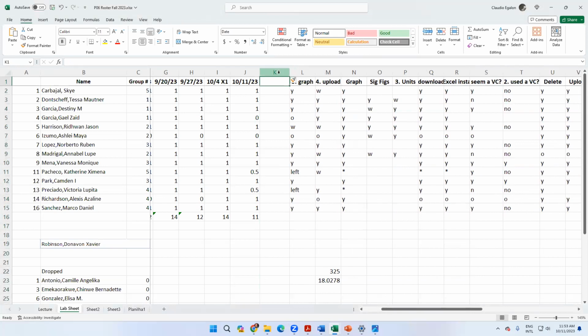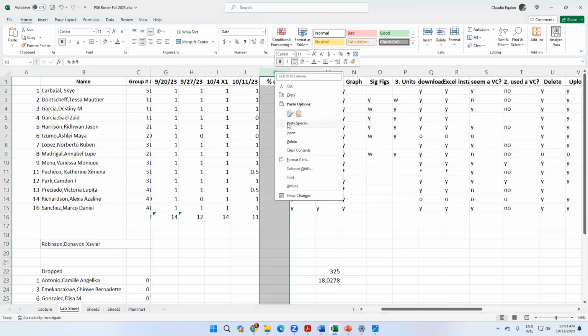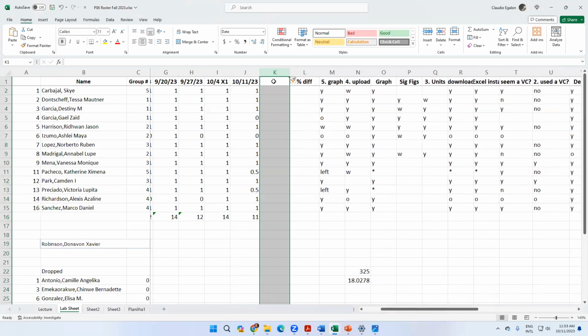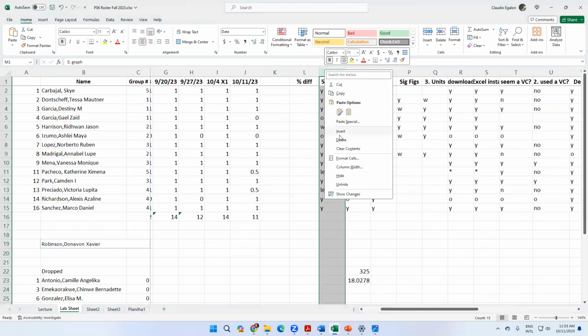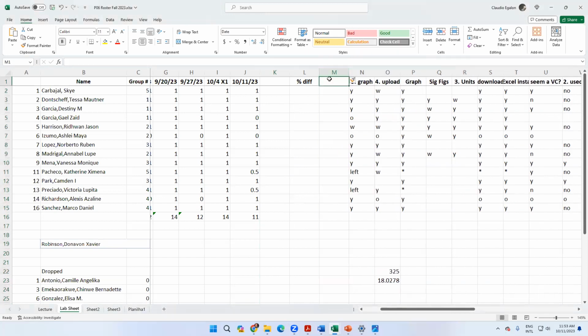So what else do we have to do? Percentage difference. Okay. You get the percentage difference by typing the slope there in the last table. Let's put one more thing here: get the R square.